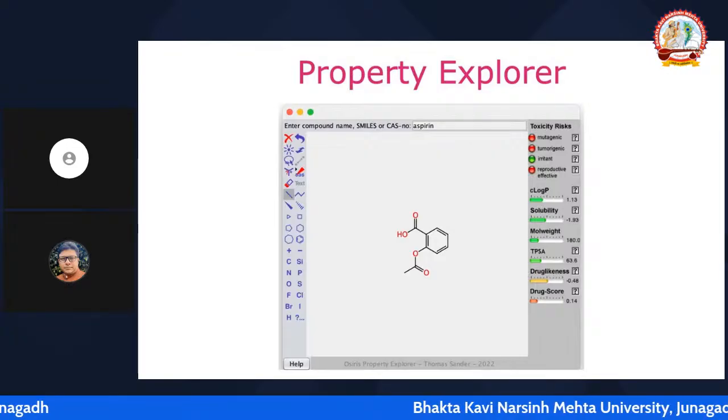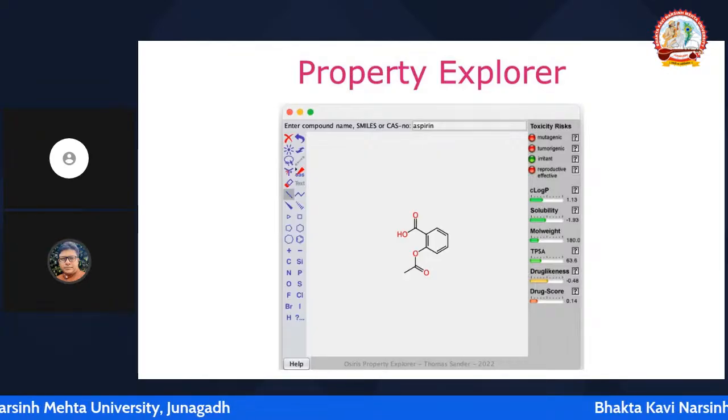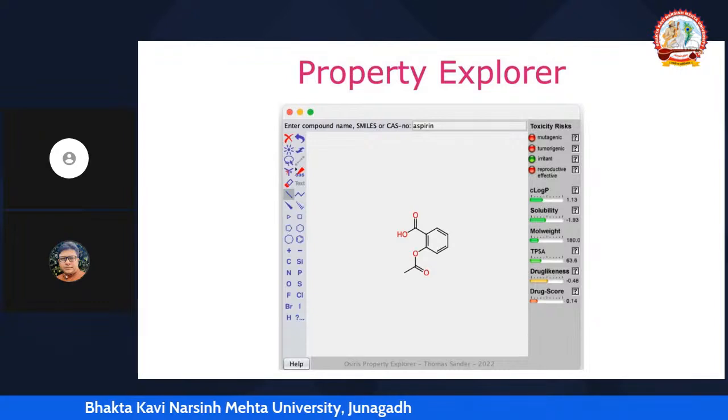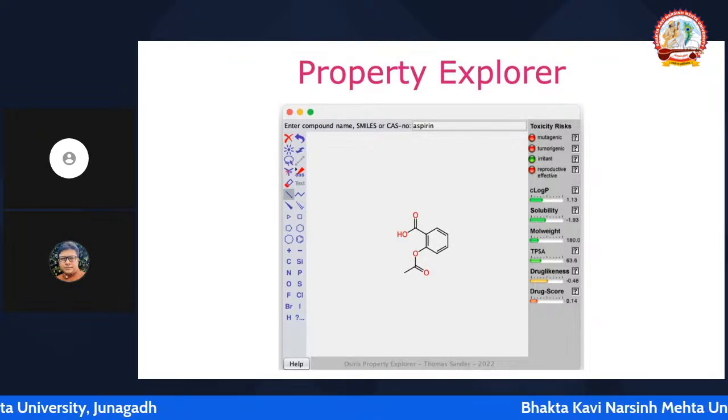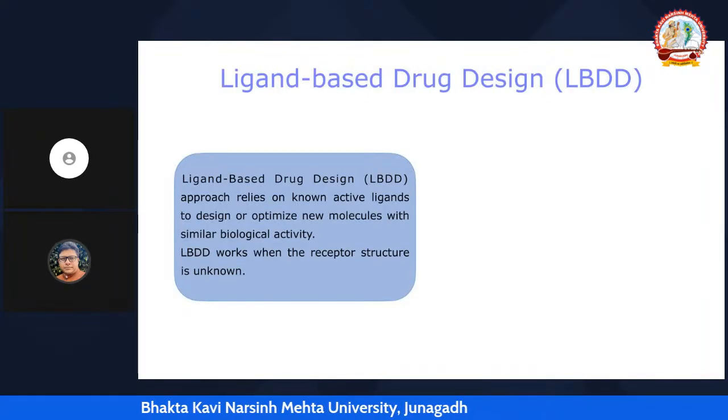You can understand its physico-chemical properties like log P, solubility, molecular weight, topological polar surface area, drug likeness, and drug score. If the drug likeness score and the drug score are low or in the red zone, then you need to modify your chemical structure so that the properties can change. I will show this demonstration.